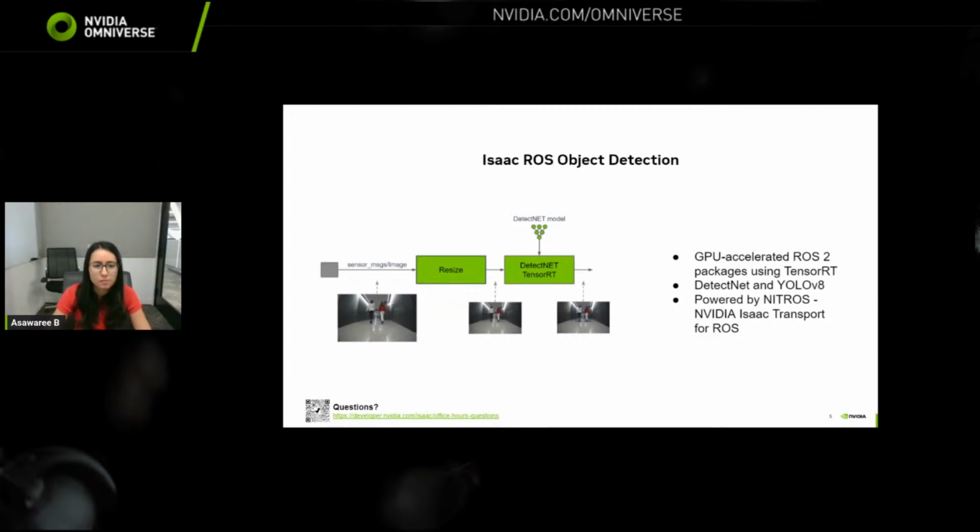Both of these models, and all the Isaac ROS packages currently, have been tested for optimal performance on ROS2 Humble, on the Jetson and on NVIDIA GPUs. But that does not mean it's limited to being used with only ROS2 Humble nodes. Through something called the ROS bridge and the Nitrous bridge, you can also bring your ROS1 nodes or other versions of ROS2 to use with these Isaac ROS nodes.